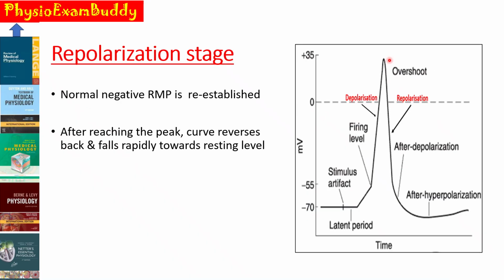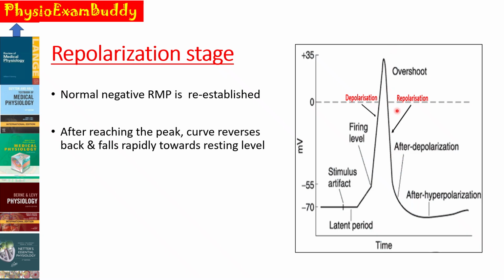Following this depolarization phase, you can see here that again the potential changes from plus to minus charge, that is the normal negative resting membrane potential is re-established, and this phase is known as the repolarization, that is from positive to negative.